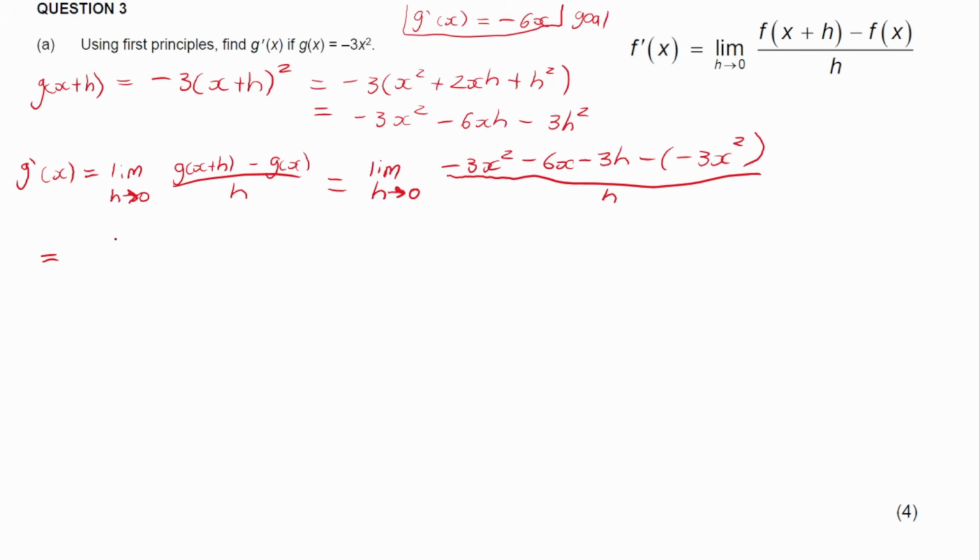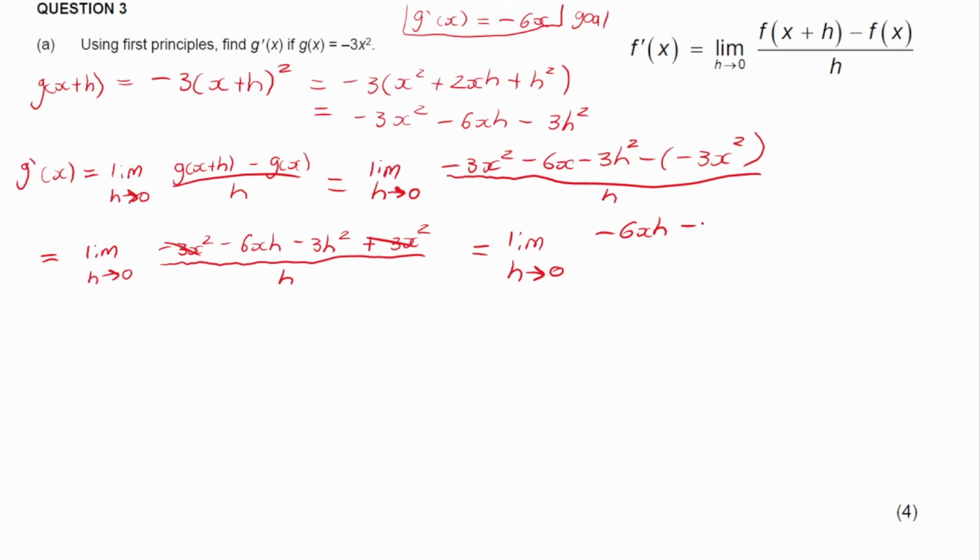If we continue, we're going to get the limit as h tends to 0 of negative 3x squared minus 6xh minus 3h squared, I forgot the square, sorry about that, plus 3x squared, all over h. If we go through this, you'll see that these cancel. So we're left with the limit as h tends to 0 of negative 6xh minus 3h squared all over h.